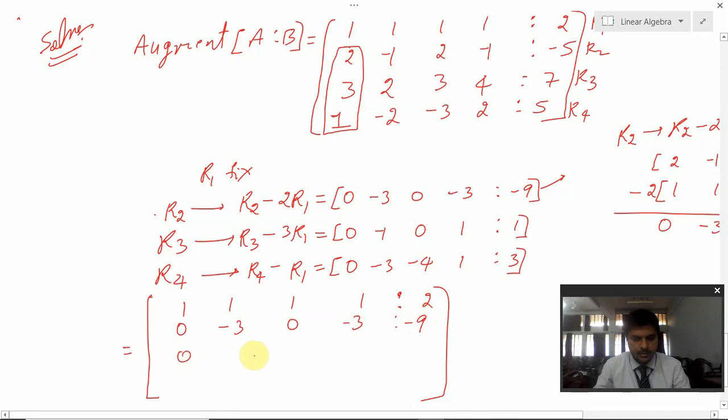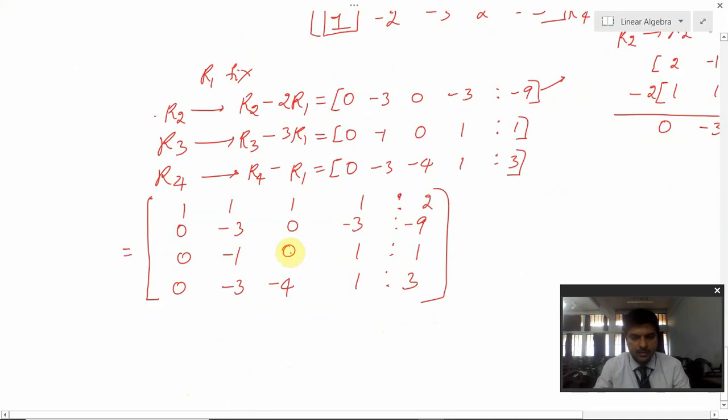Next terms are 0, minus 1, 0, 1, 1. Then 0, minus 3, minus 4, 1 and 3. So just now we can see we have changed R2, R3 and R4.